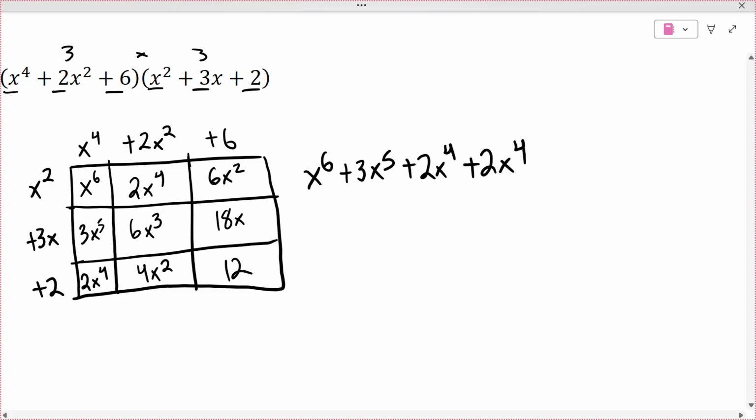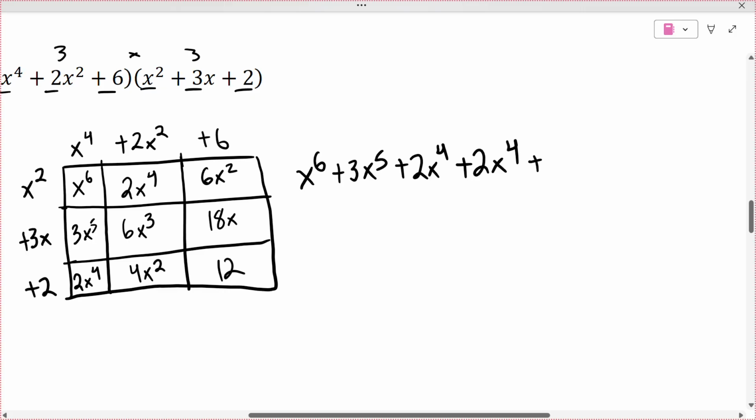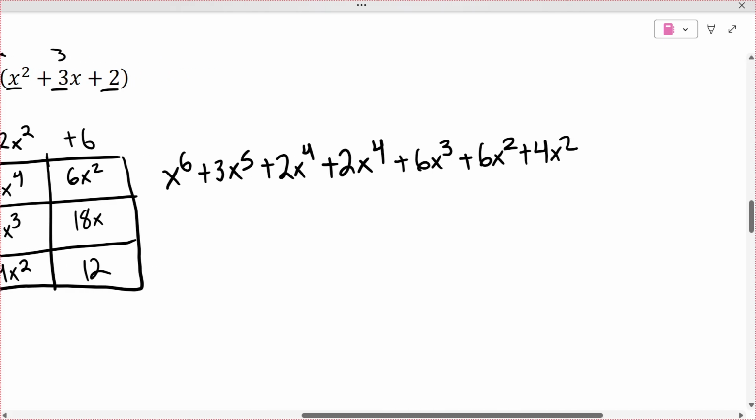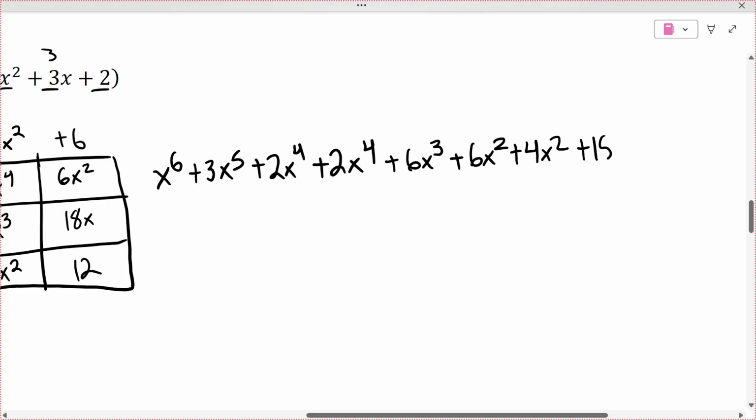And then I've got the 6x cubed. I've got the 6x squared, the 4x squared, the 18x, and the 12. Yes, it is a lot, isn't it? I'm going to double check that I've got 9 terms. Here's 3, here's 6, here's 9.